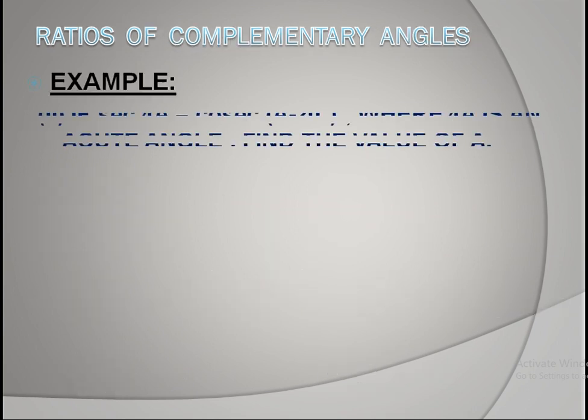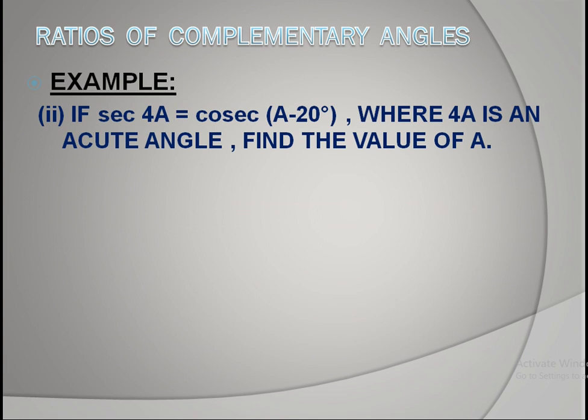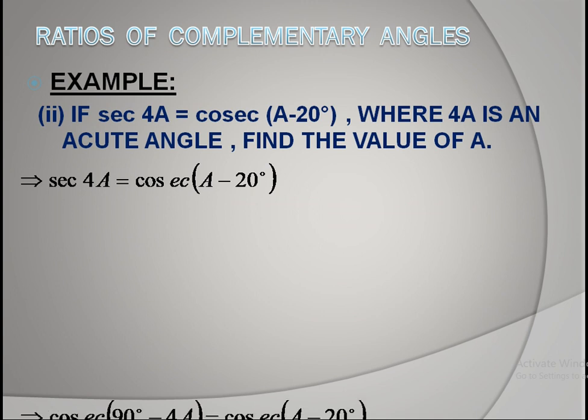Now example 2. If sec 4a is equal to cosec(a minus 20 degree), where 4a is an acute angle, find the value of a. Here it is given that sec 4a is equal to cosec(a minus 20 degree).